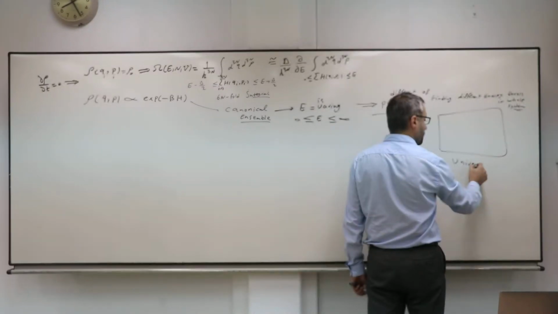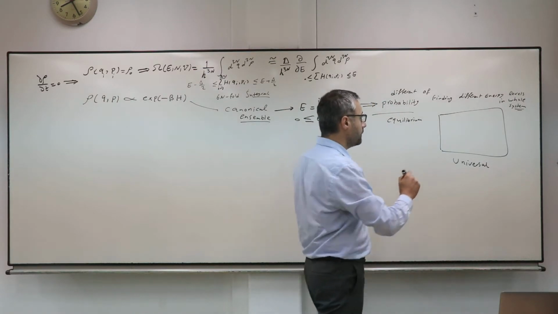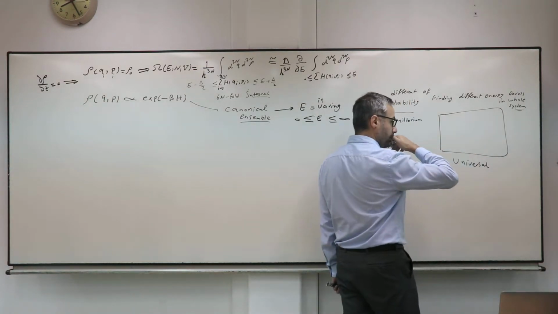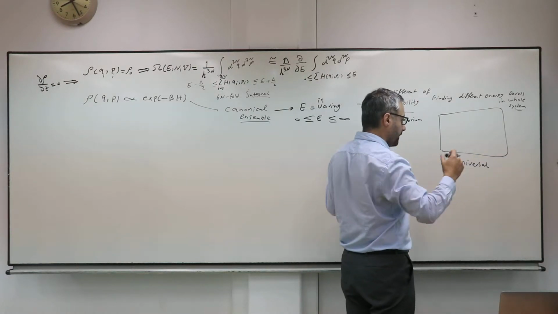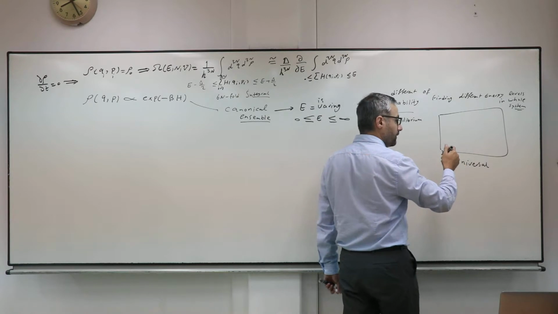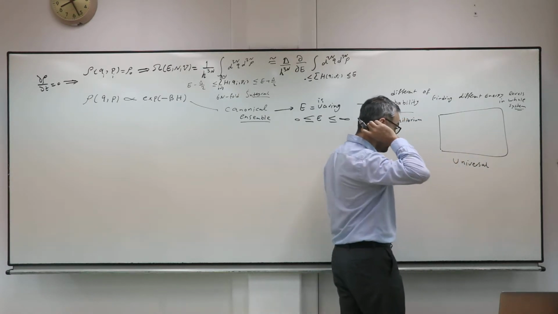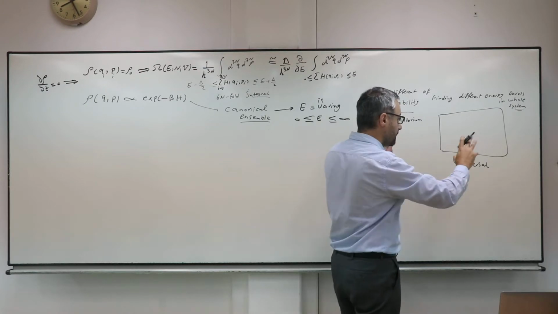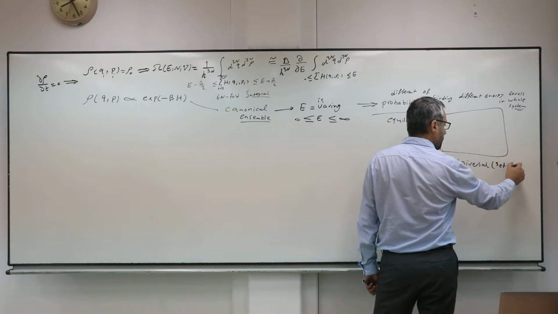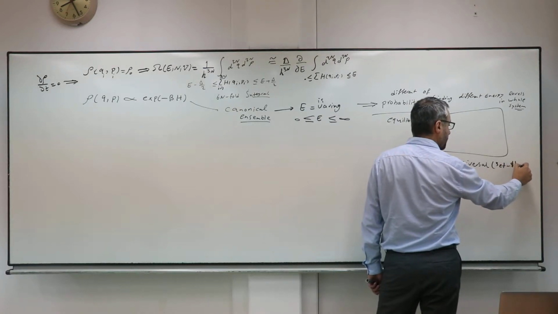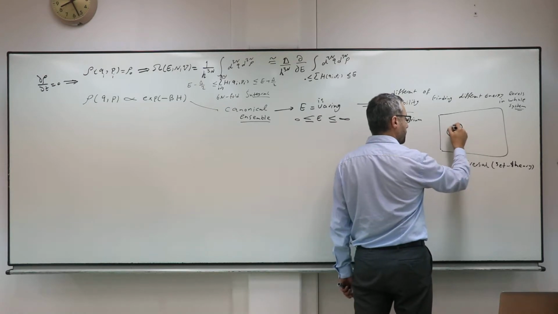This is the whole universe, you can call it that. And you choose a part of the system. It could be, for example, one atomic system or anything else, even a part of the cosmos. Anyway, this is a universal set, in the sense of set theory in mathematics. And we choose a part of the system, we call it A.